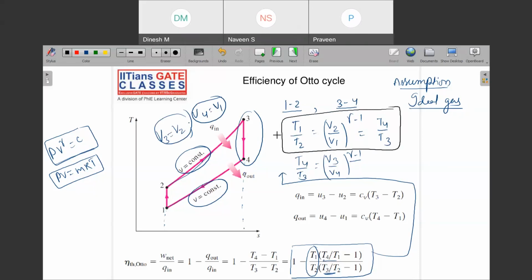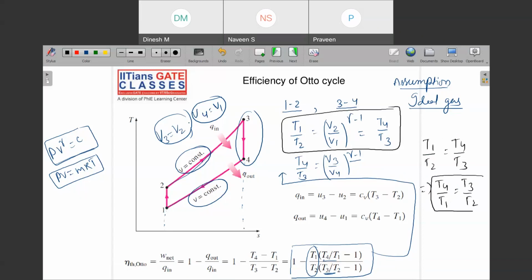Then if you put this into the earlier expression, your T1 upon T2 value is something. And if T1 upon T2 is equal to T4 upon T3, then can I say that T4 upon T1 is equal to T3 upon T2?